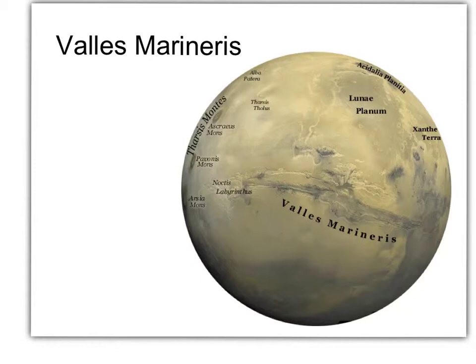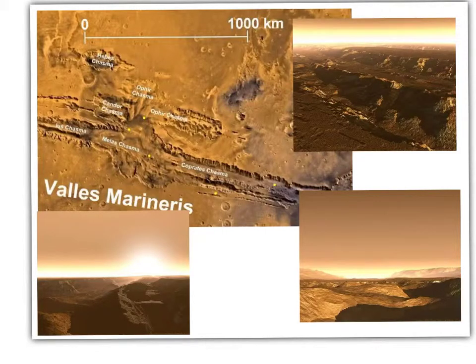And I want to talk a little bit about the processes that form Valles Marineris compared to the processes that form our Grand Canyon in Arizona, just to show you the similarities and differences and the extent to which we can and can't use the process of analogy to interpret structures on other planets based on our experience here on Earth.